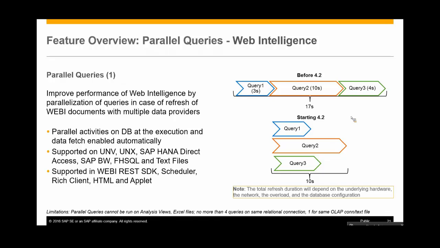When we look at Webi queries in cases where there are multiple data providers, in versions before 4.2, the queries used to run based on their serial order, and the second query used to get executed only after the first query is completed. So like in any serial execution, the problem was that it was taking a lot of time.